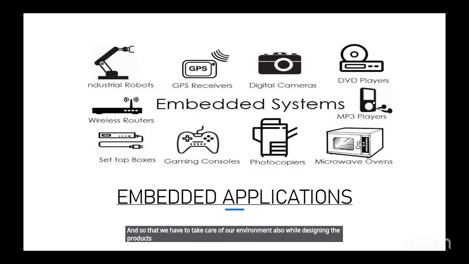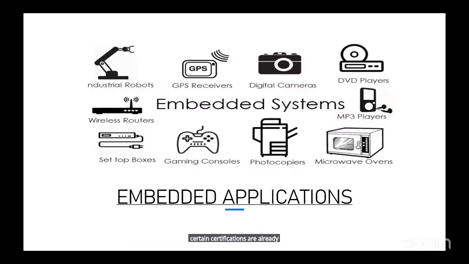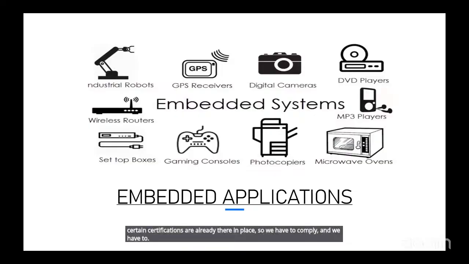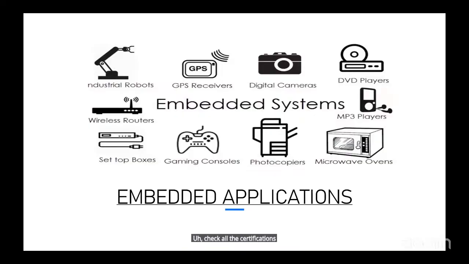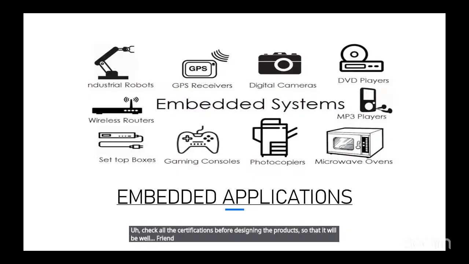For that, some certifications are already in place. We have to comply and check all the certifications before designing the products, so that they will be environment friendly and reliable.